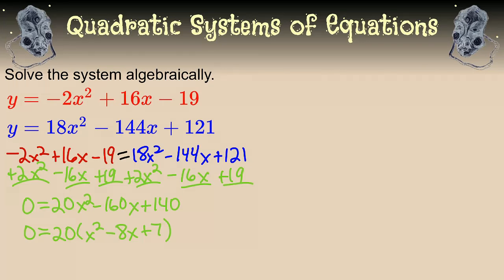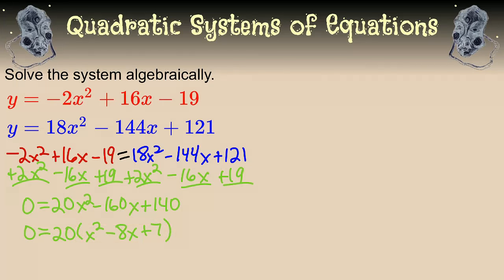Now, when we look at this, when we're solving for x, if we divide this whole side by 20, we are just left with what's in the parentheses is equal to 0. So when we're solving, we can just kind of ignore that 20 for the most part. And when I look at this, I see that that's factorable.